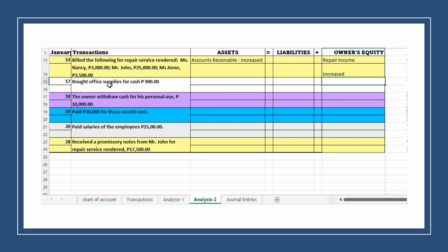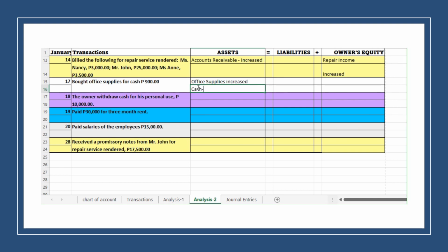Let's go to January 17. Bought office supplies for cash, 900 pesos. We are going to use the asset method. Therefore, there is an increase in office supplies. So this is an increase. And then, since we paid it for cash, the affected account is cash account.